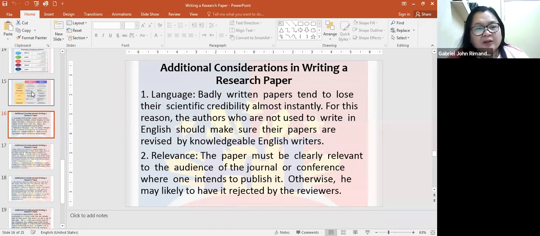But because we can also refer to previous researches, the purpose of using the previous researches is to conduct additional research, like an improvement of the past researches. So that's the reason why we refer to other researches done in the past.